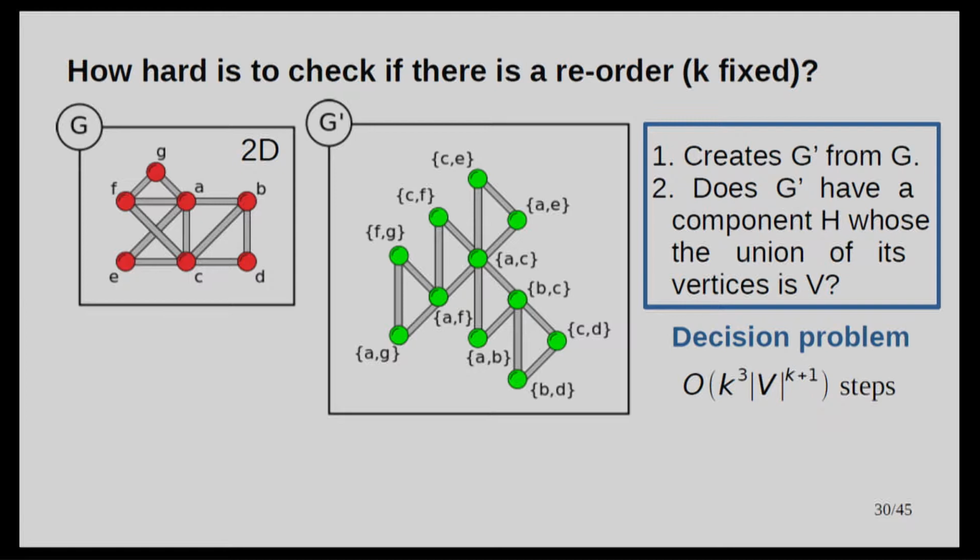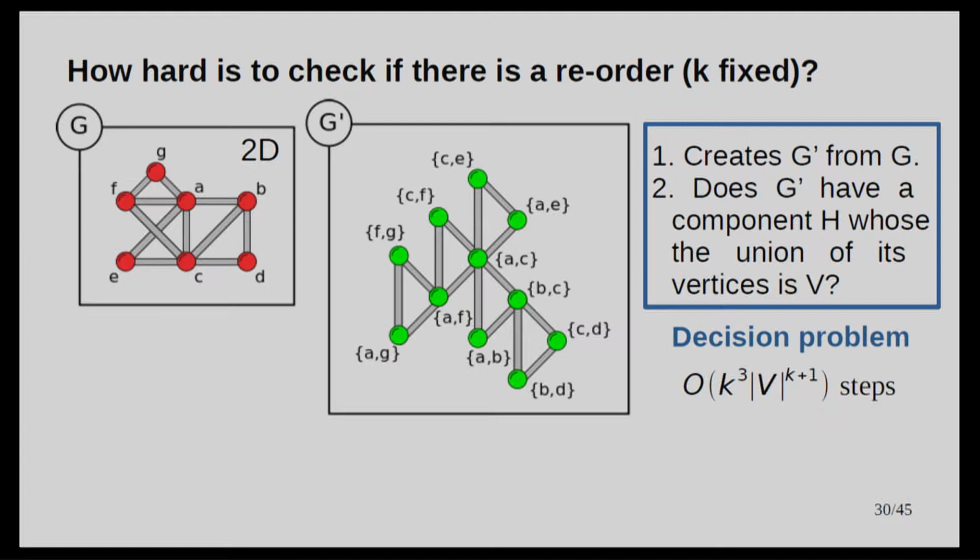In the 2D case, the size of the clique will be 2. So this is a vertex in G prime. And there is an edge between this vertex and this one if the union of this set with this set is also a clique. So the vertices are cliques, and the edges exist if the union of the vertices is also a clique.